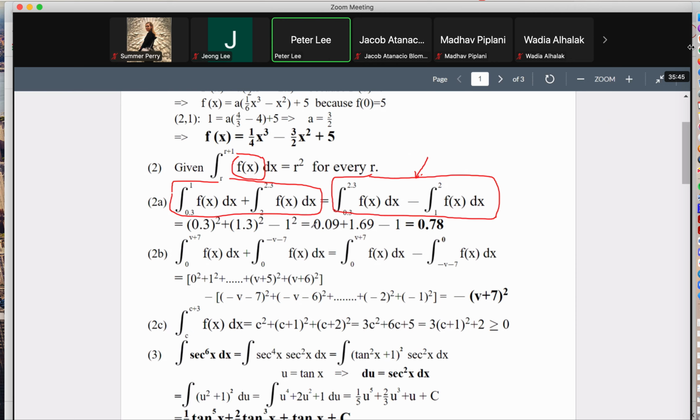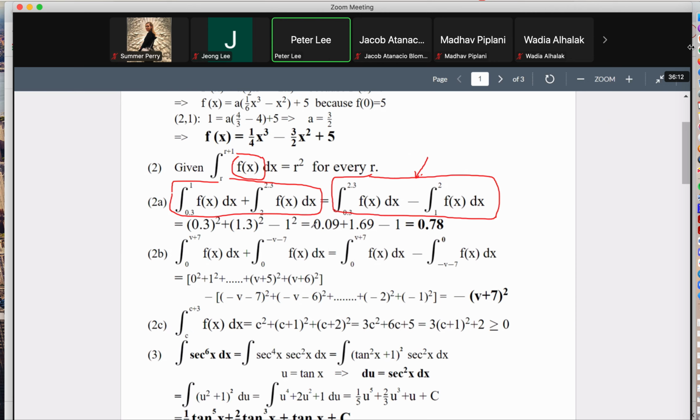We have all the skills needed to find that f of x in this class. We have already covered it, and that was chapter 4, the fundamental theorem of calculus. We have done all that, so there's a way to get that f of x. Okay?